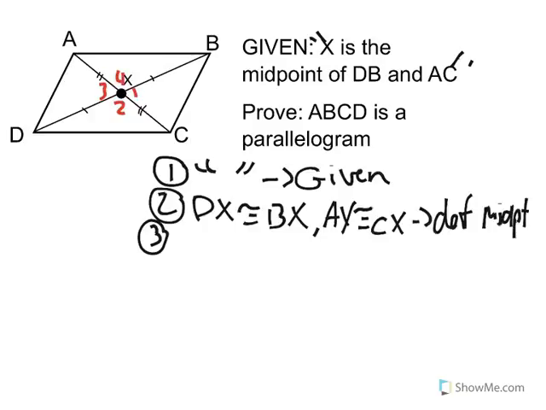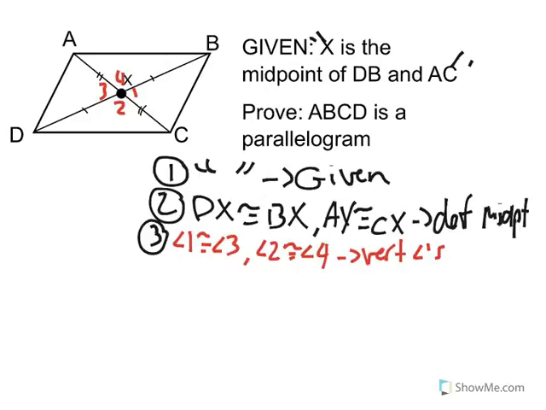I'm going to number them just to make it a little bit easier instead of having to use three letters quite a few times. As we're going through this, we're going to prove that we have congruent triangles, and we're then going to use those congruent triangles to have congruent angles that we can use to show that we have parallel lines. So I know that angle 1 is congruent to angle 3, and angle 2 is congruent to angle 4, because they are vertical angles.